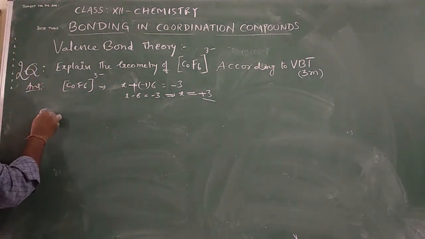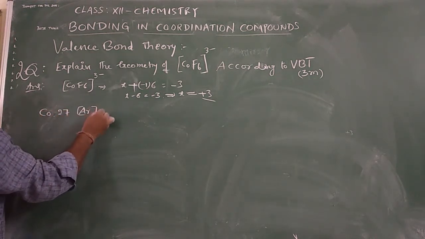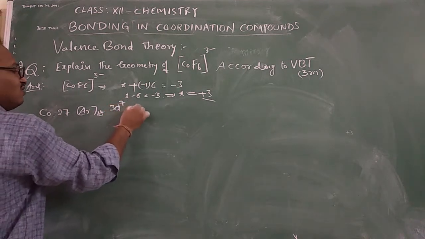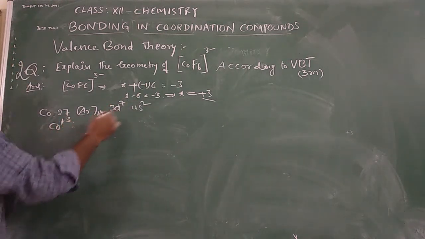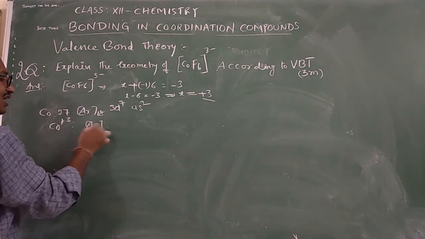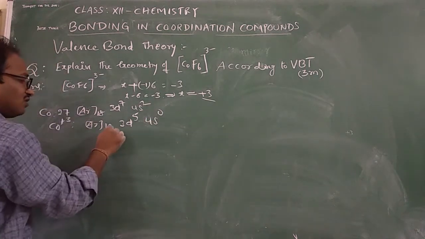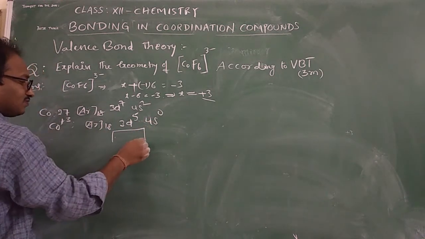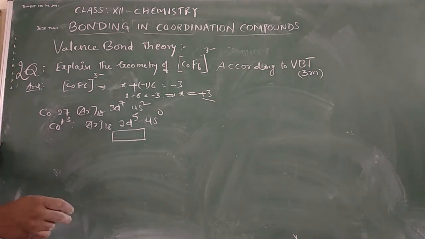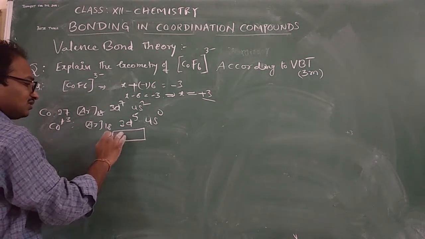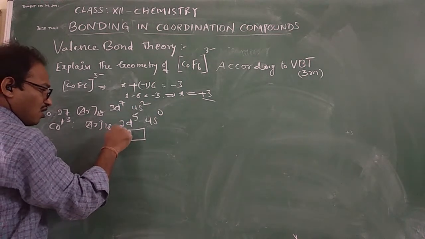Already you know the cobalt atomic number is 27. Electronic configuration: argon 18, 3d7, 4s2. In Co3+ it has to lose 3 electrons, 2 from 4s and 1 from 3d. After losing 3 electrons: argon 18, 3d6, 4s0.